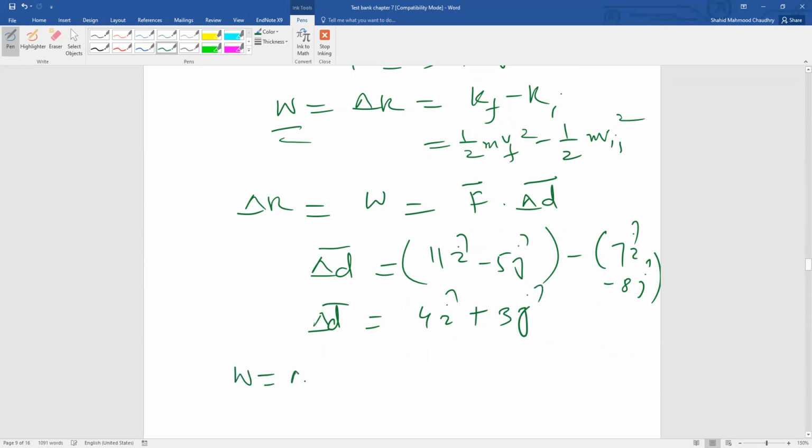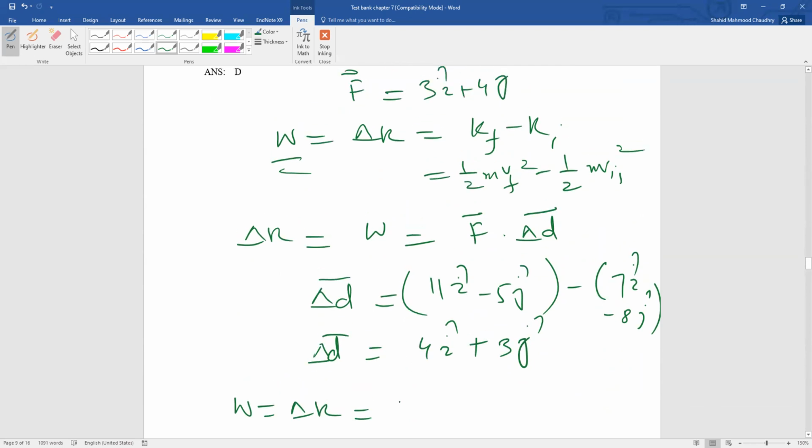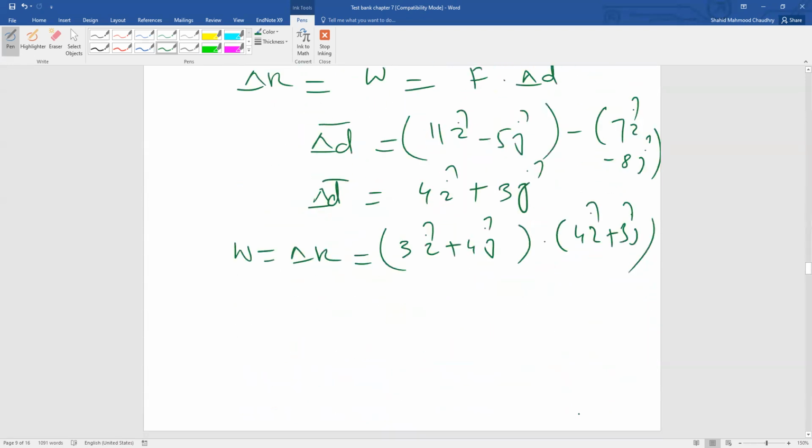So work done or delta K is equal to the force, which is 3i plus 4j, dot 4i plus 3j. You can solve this one easily. i dot i is 1, so 3 fours are 12. 4 multiplied by 3 is 12. j dot j is 1.